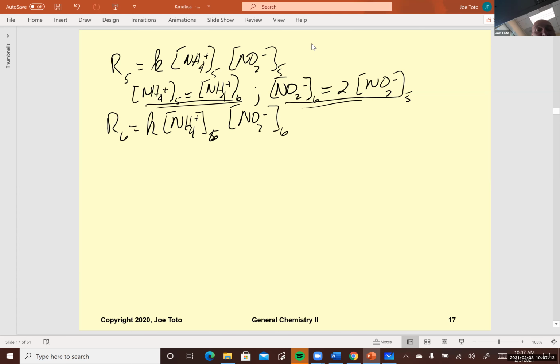So when I do that, K is the same. Ammonium is the same as 5, so this is R6. And nitrite, oh, sorry, I forgot to put the 2 up here. That's because we saw that nitrite was a second order effect. I can't forget that. And so now I'm going to make this substitution.